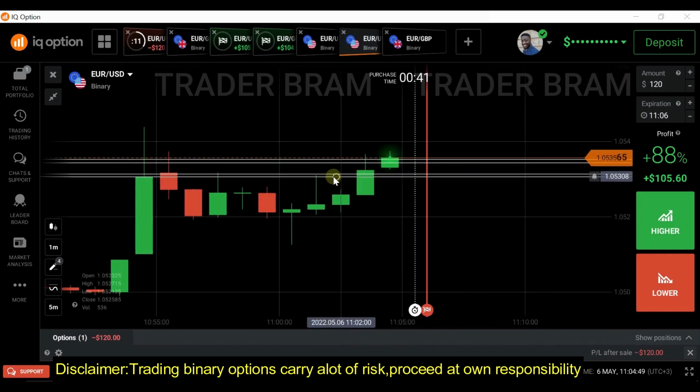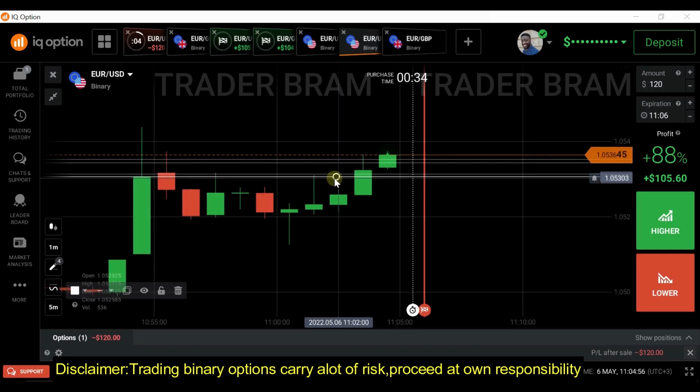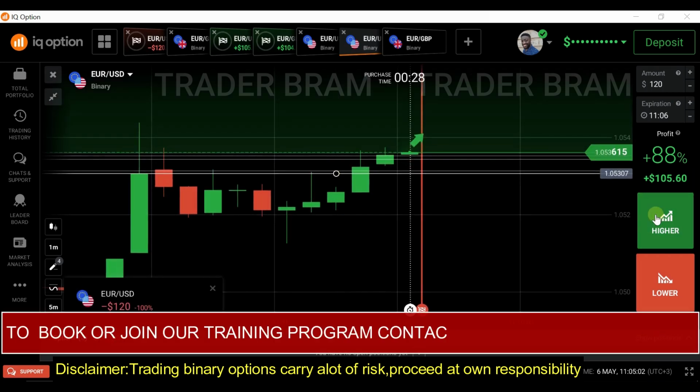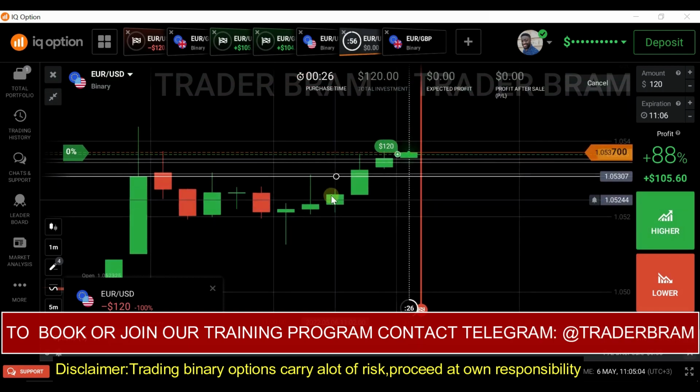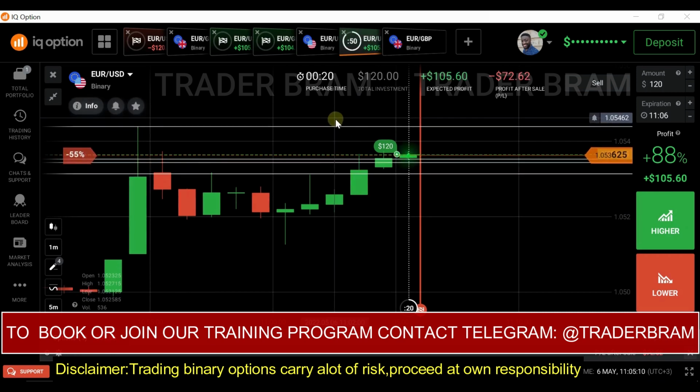If we close above this area, I'll shift my level. So we'll be going more higher. That area.